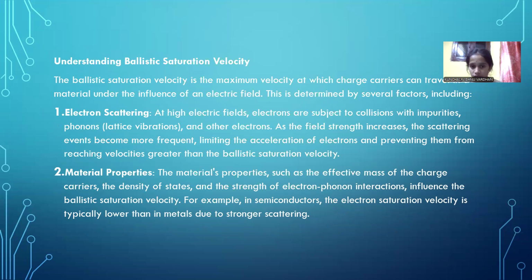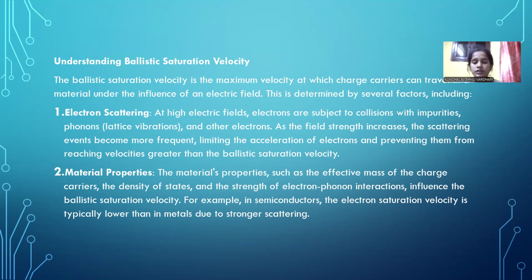At high electric fields, electrons are subjected to collisions with impurities, phonons, lattice vibrations, and other electrons. As the field strength increases, the scattering events become more frequent, limiting the acceleration of electrons and preventing them from reaching velocities greater than the ballistic saturation velocity.